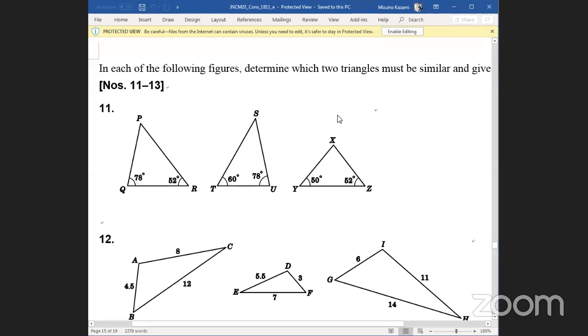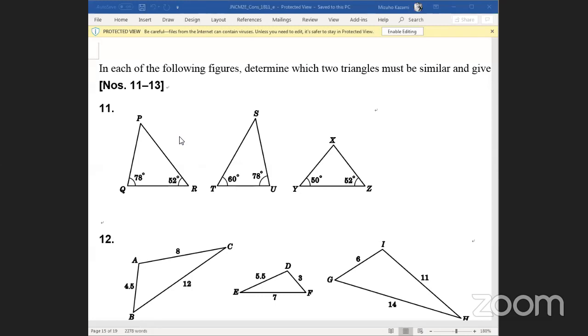Therefore we will focus on whether we can check all the corresponding angles. It means we should check all the angles. That's why we better find the missing angle.